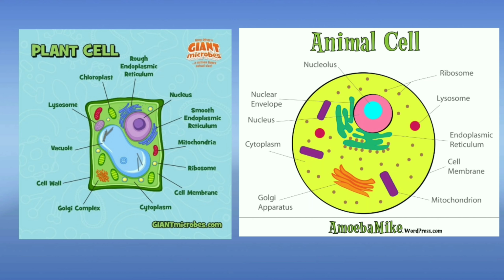It allows only some selective materials. Hence, it is also known as selectively permeable membrane or plasma membrane. The cell membrane is present in both plant and animal cells. But in an animal cell, this is the outermost layer, while in a plant cell, there is one more layer which we are going to discuss.